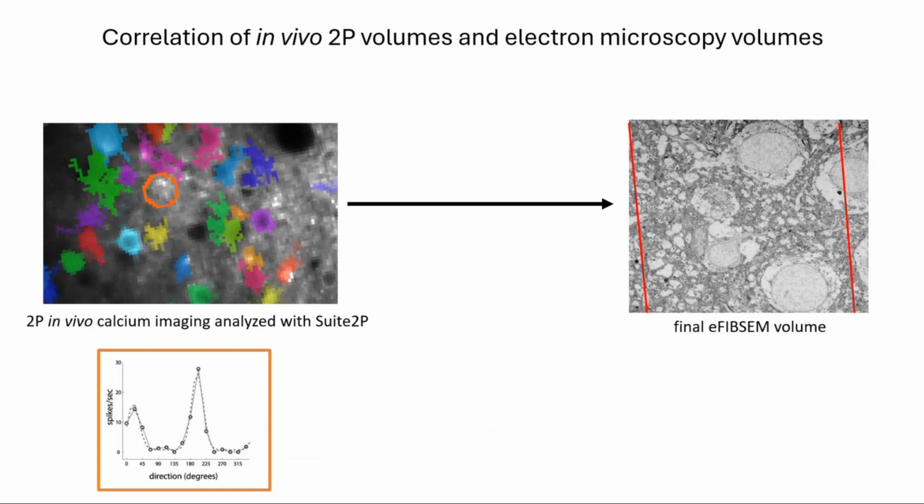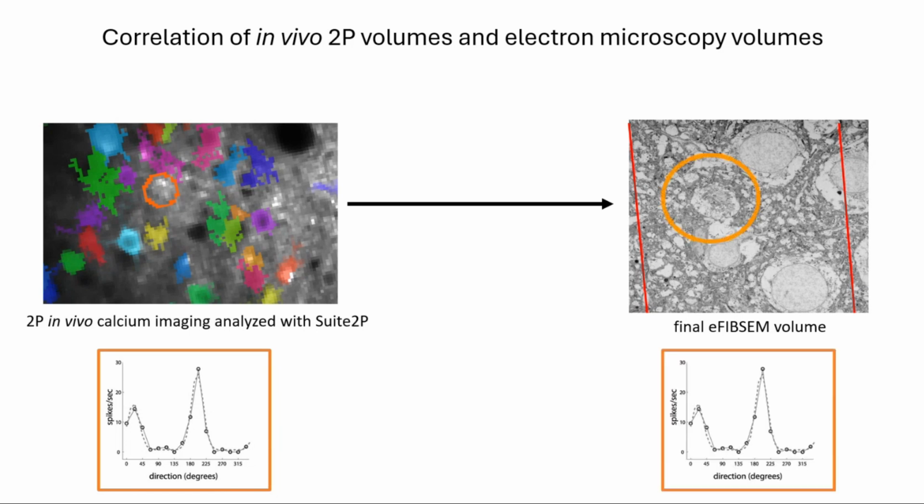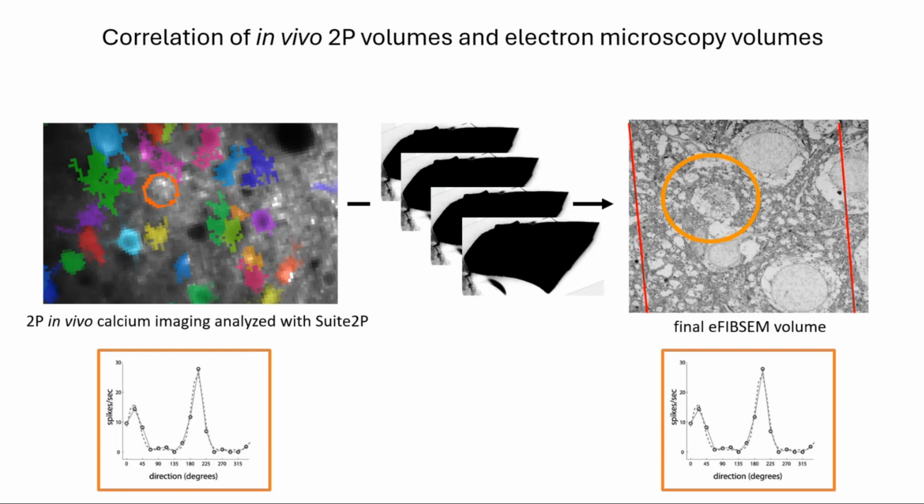The challenge for us is the following. How do we find an already functionally characterized cell from the two-photon volume for eFIBSEM imaging when the tissue that the calcium signal originated from is now sliced up and completely black?